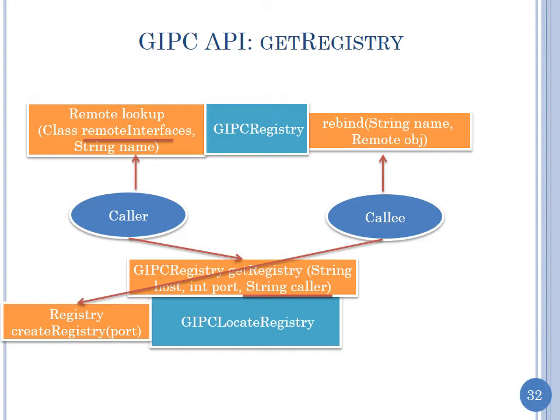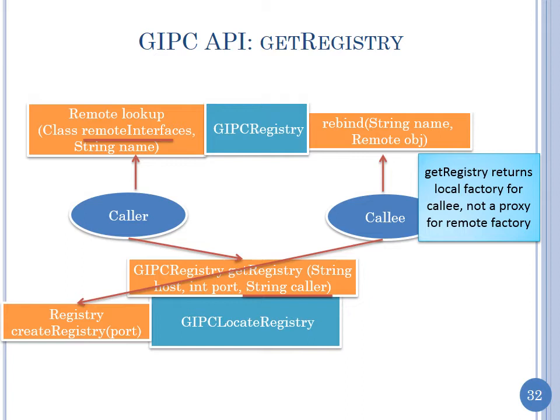So one confusing thing was, does GETREGISTRY involve any remote communication? The way GETREGISTRY is named, I named it the same way RMI did so that you could just easily change your code. The semantics could be, which is what UG thought they were, that you go to the remote server and get the whole state of the registry from there and cache it locally. Okay, that's not what happens. So GETREGISTRY does not cache the value. It creates a local factory. So registry is a factory.